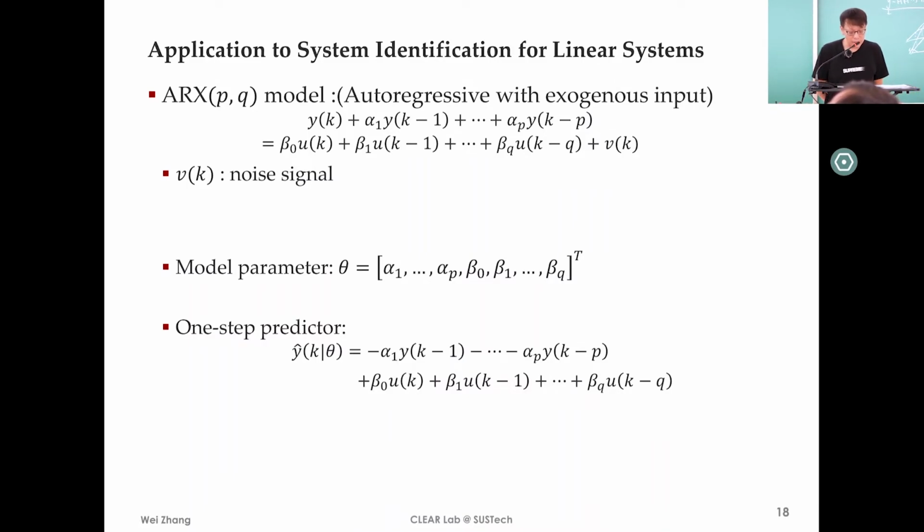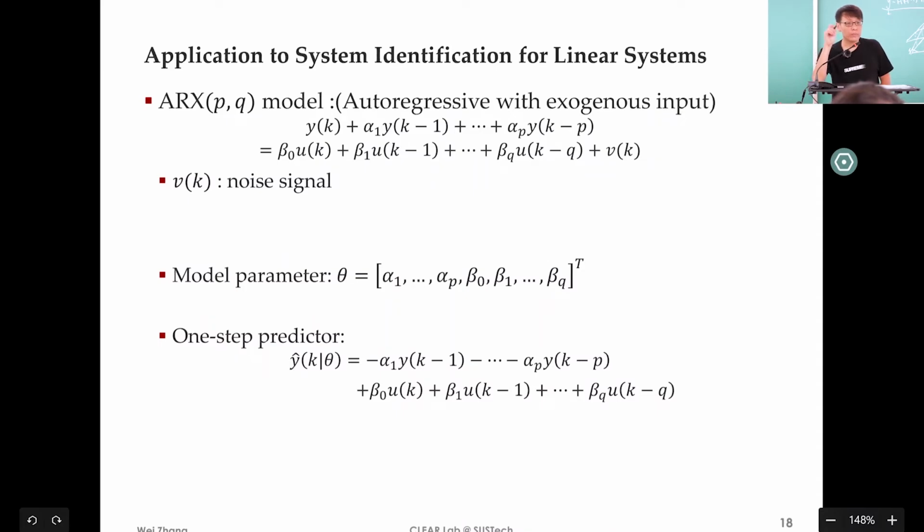Have you heard about the autoregressive model? Autoregressive, 自回归. In signal systems, you have filters, right? You have IIR and FIR, infinite or finite impulse response. I forgot exactly, okay?